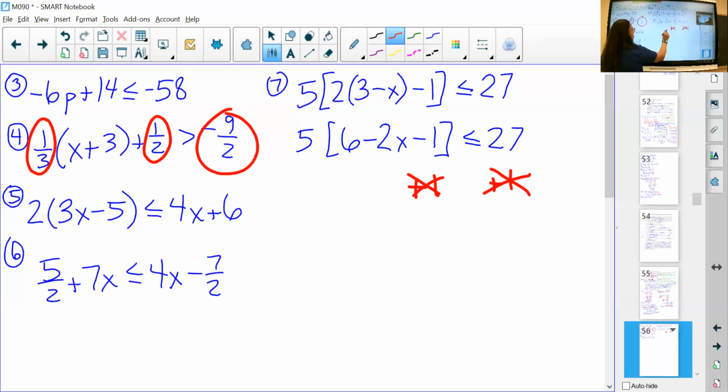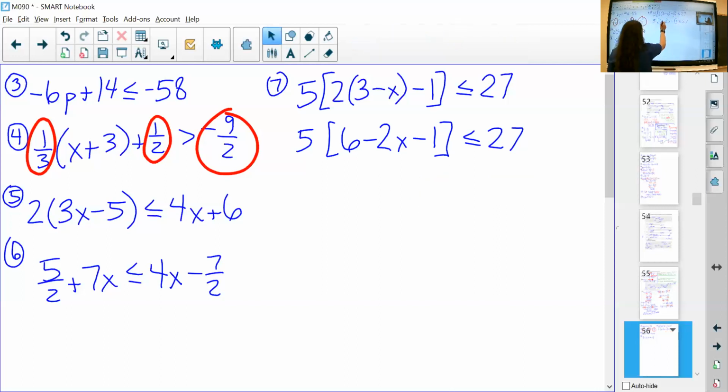I cannot do that because this side is multiplied by 5 and this side doesn't have that multiplication by 5. So that's not a valid way of doing this, but I can simplify inside the brackets. 5 times 5 minus 2x is less than or equal to 27.